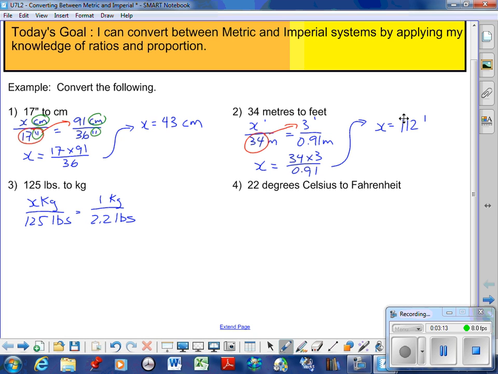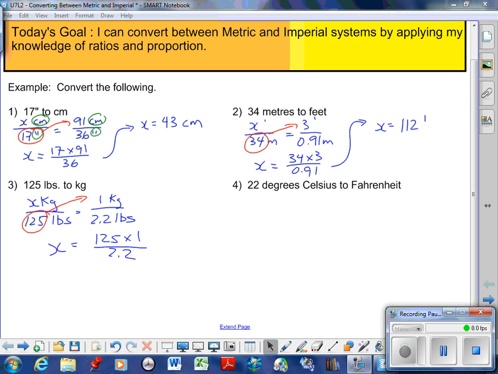So partial multiply up, and we have that x is equal to 125 times 1 divided by 2.2. Now you do your calculations, and you get 56.8. So 125 pounds is about 56.8 kilograms.